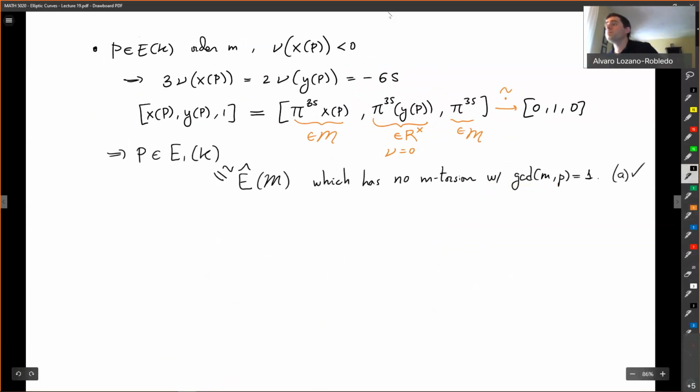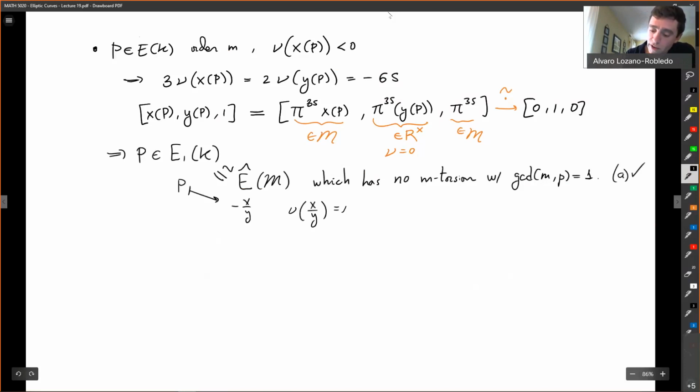And okay. Oh, by the way, remember that this map went, P is sent to minus x over y, and then if you compute the valuations, what is the valuation of x over y?